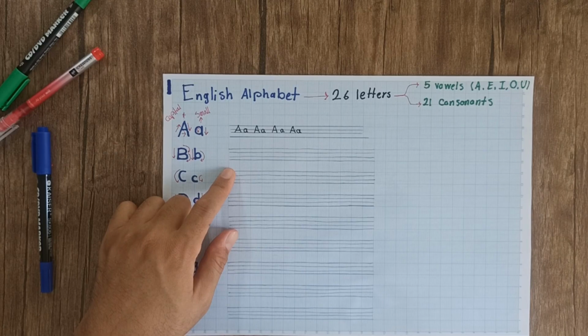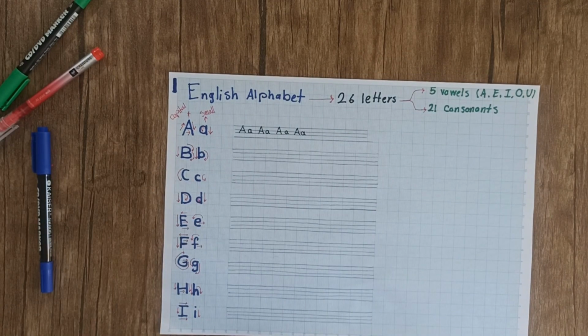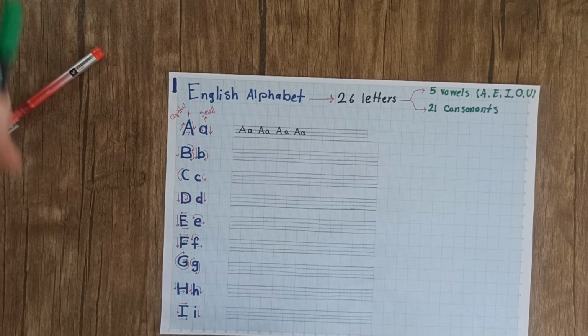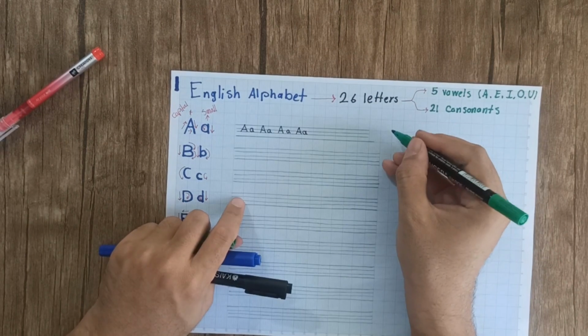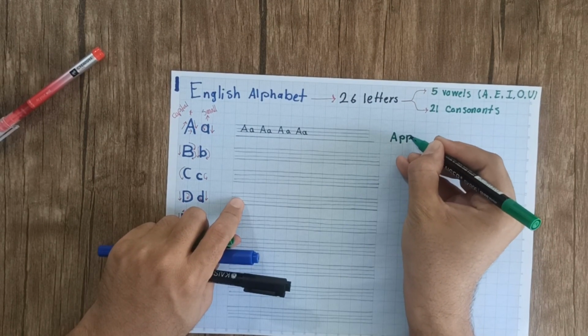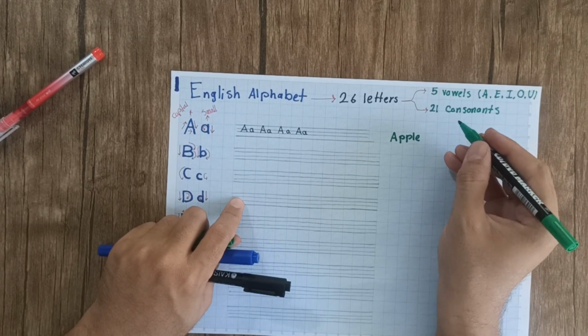The sound of A: we have a short A and sometimes a long A. For example, like cat, like apple. Let me write it for you. Here, apple. For example, bag.